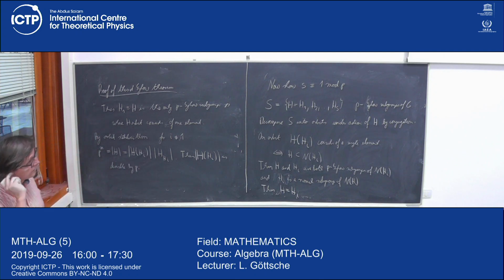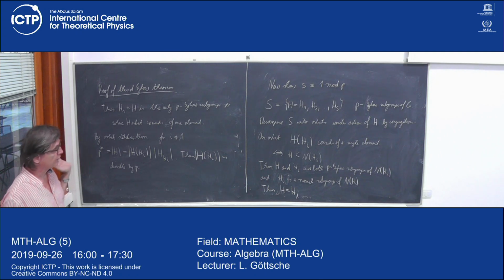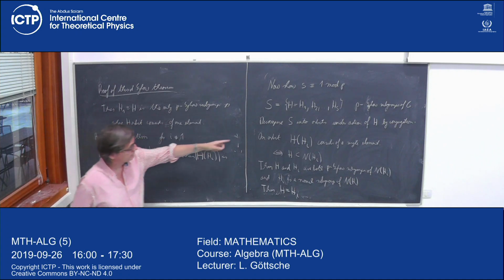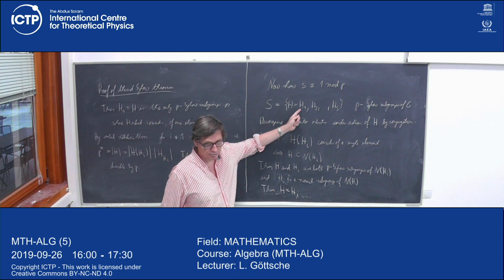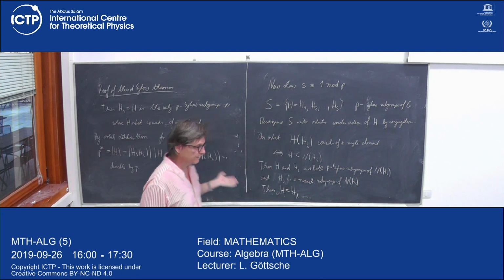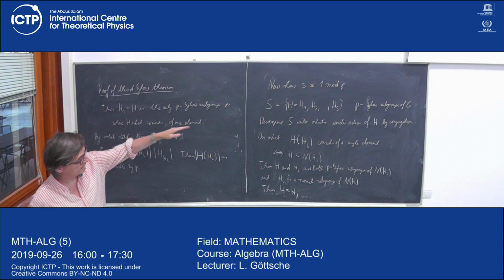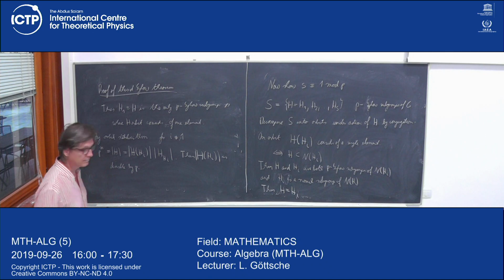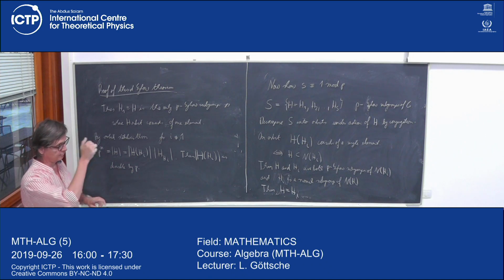And so the number of elements in every orbit is divisible by p except for one orbit in which there's only one element. So therefore, the number of elements in S altogether is congruent to 1 mod p, because one summand is 1 and all the other ones are divisible by p.